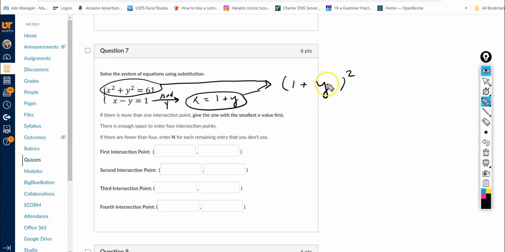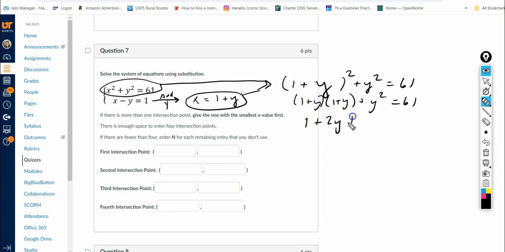Then x squared plus y squared equals 61. Now, 1 plus y squared is not 1 squared plus y squared. It is 1 plus y times 1 plus y. So I'm going to have 1 plus y plus y plus y squared, and then plus y squared again, is equal to 61.